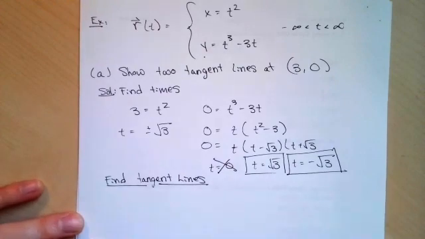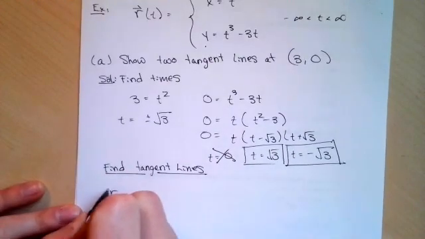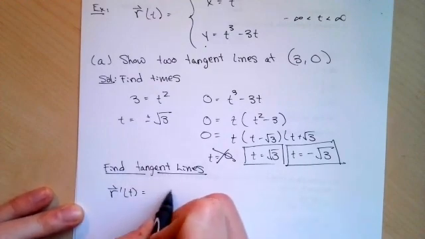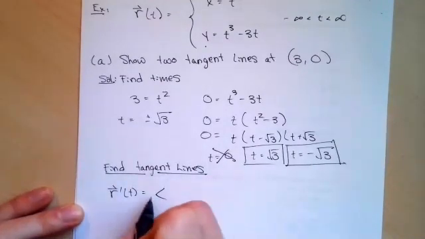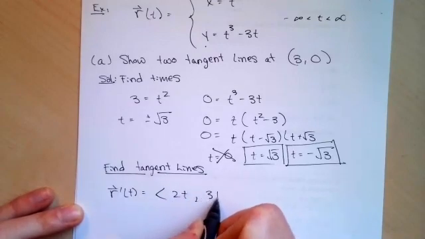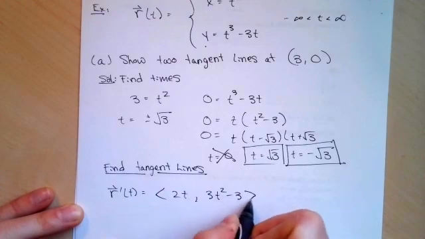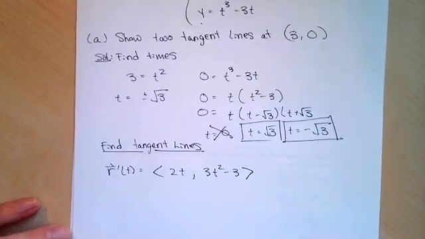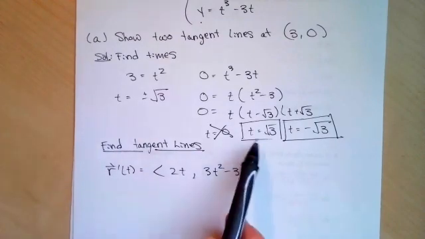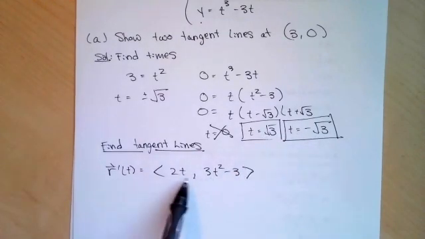So real quick, let's just go ahead and take our derivative, and let's put it in vector form just to save ourselves some writing. So of course we'll have 2t and then 3t squared minus 3. And what do we want to do with our times? We would want to plug our times into our velocity vector.